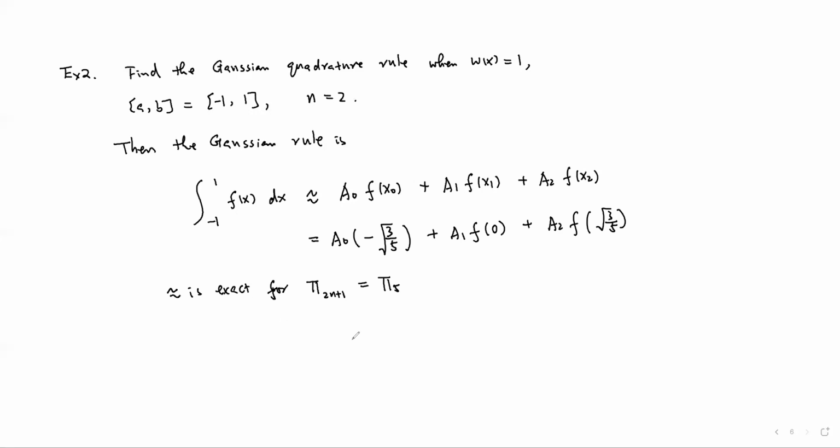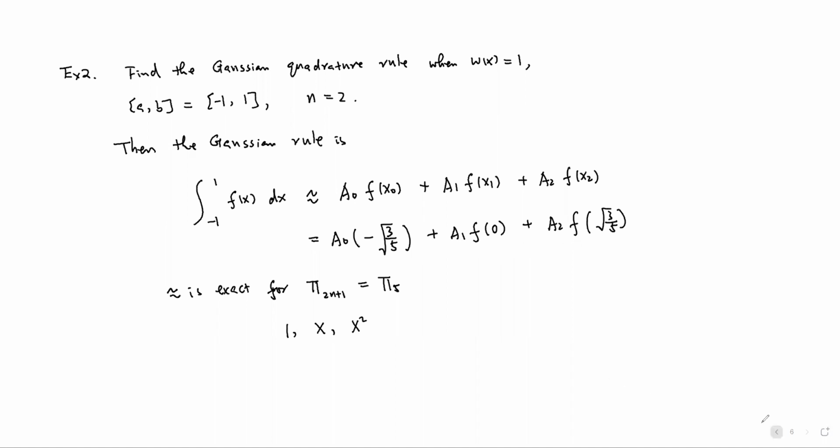All polynomials of degree less than or equal to 5 make the approximation exact. So I can plug in 1, which is a polynomial, x, and x squared into this formula. Then we have a system of 3 linear equations for the unknowns A0, A1, and A2, since this time we know the nodes.